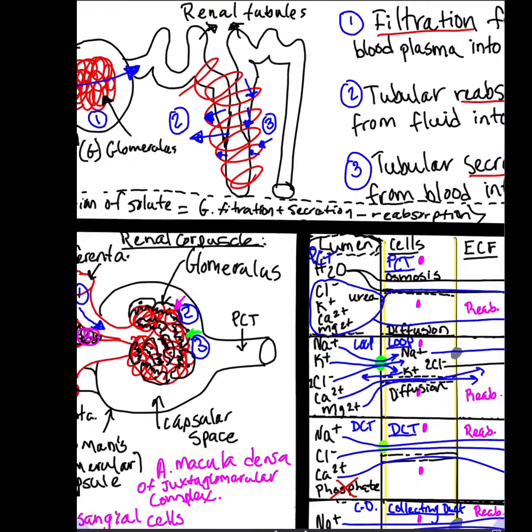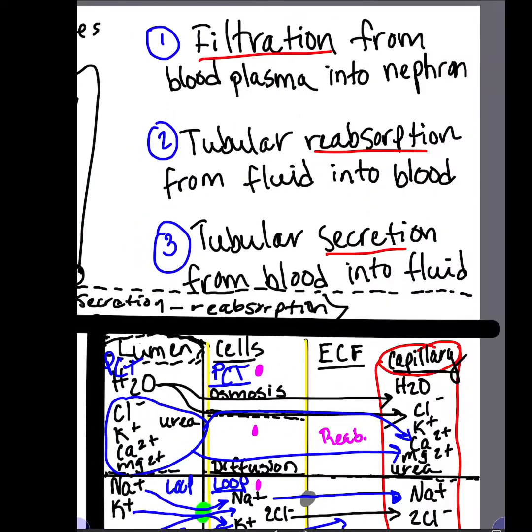So for example, the first step is going to be filtration from blood plasma into the actual nephron in the area of the glomerulus. The second step is going to be tubular reabsorption from fluid into blood.